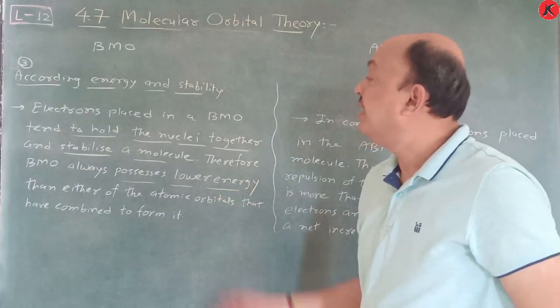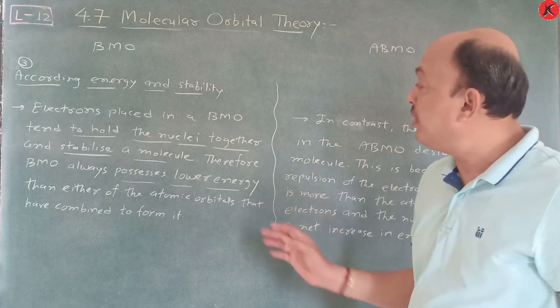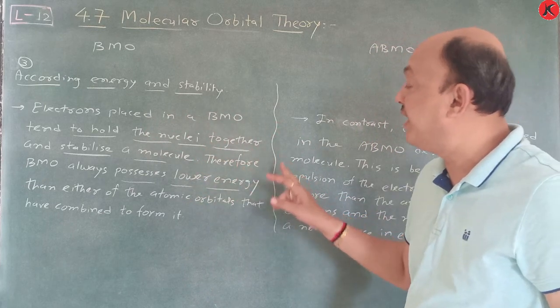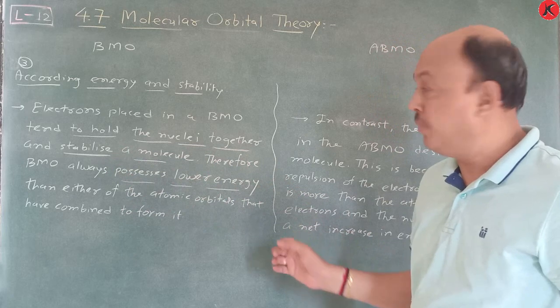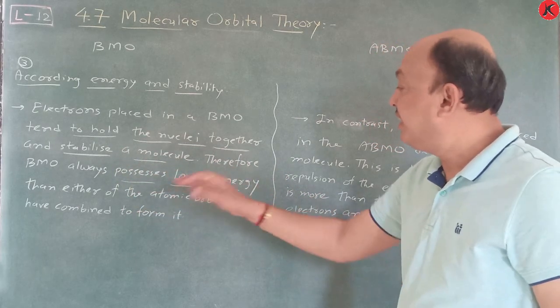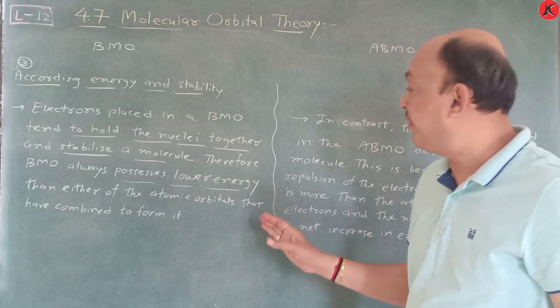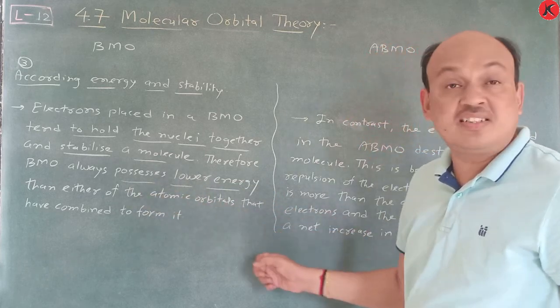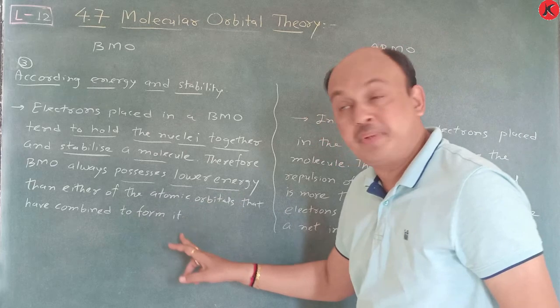Once again, electrons placed in a BMO tend to hold the nuclei together and stabilize a molecule, so BMO always possesses lower energy than either of the atomic orbitals that combined to form it.